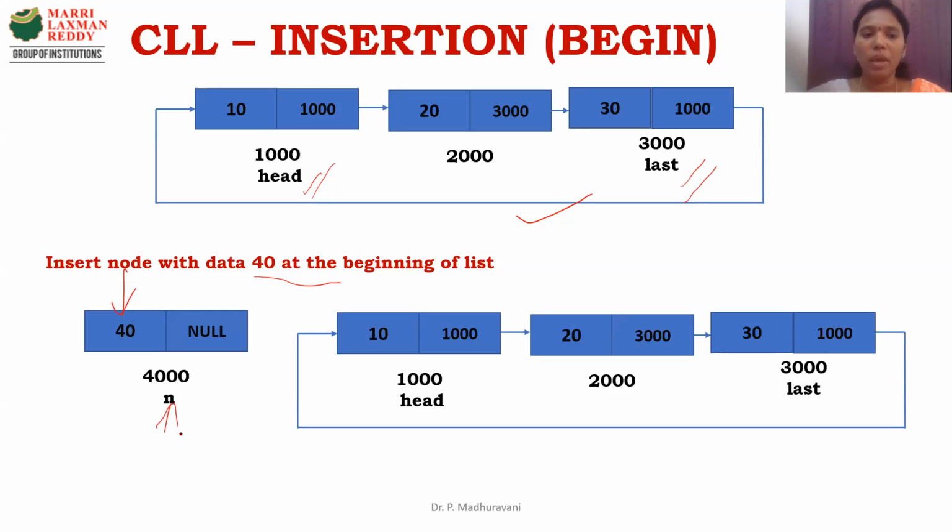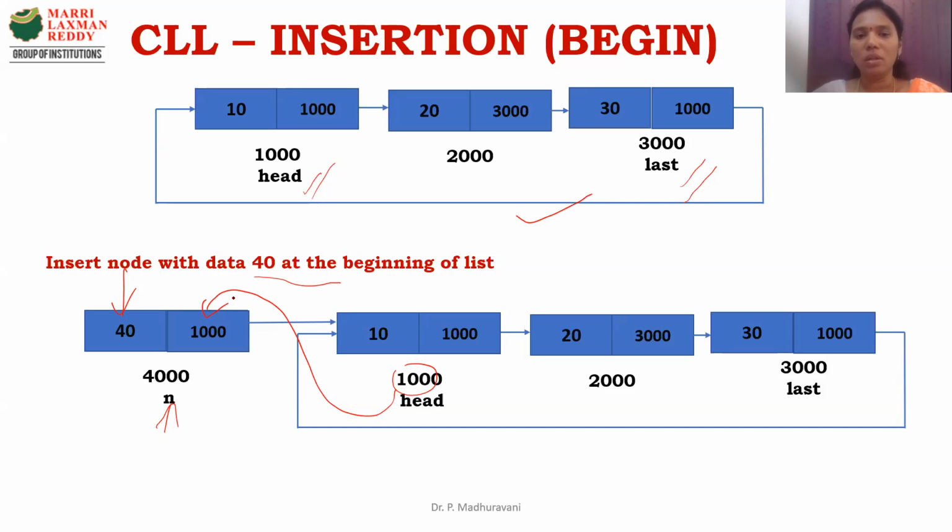Now, as you are making this node the first node, you need to connect this new node with the head node. Establish a link between n and head by storing the address of head in the next part of n, like n arrow next equal to head. Now after attaching n to the list, n is becoming the first node.